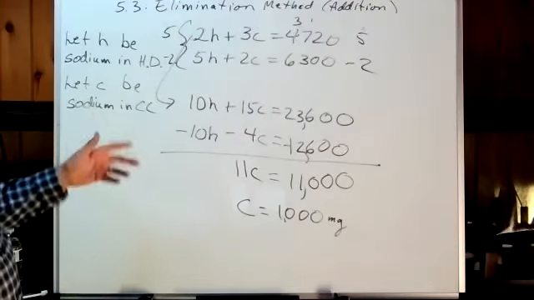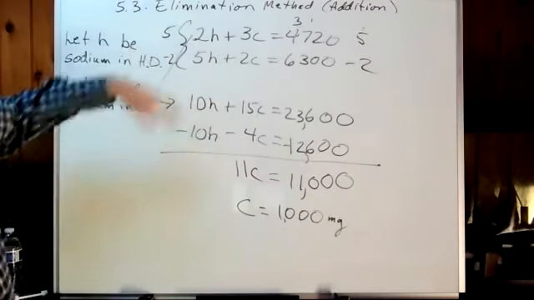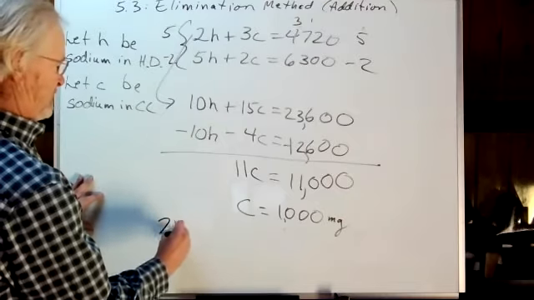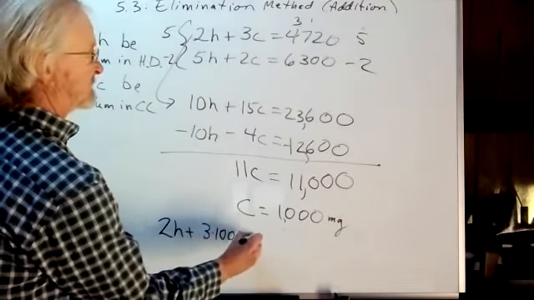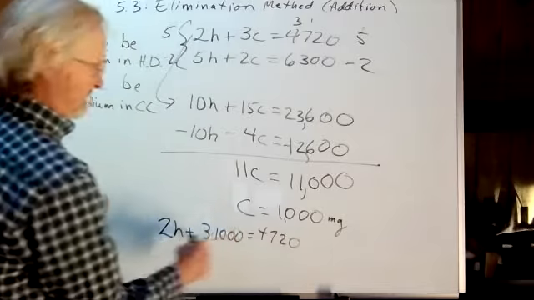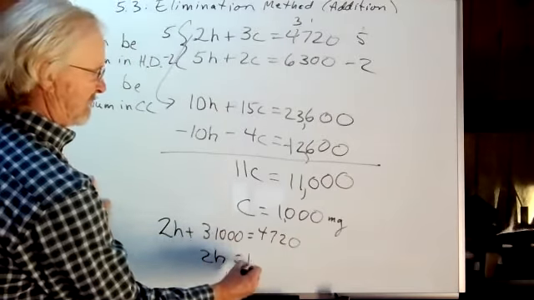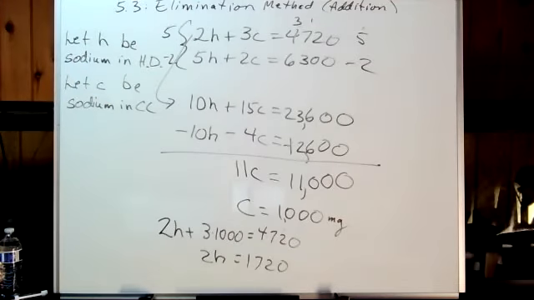Now I got to go back and find how much is in a hot dog. Pick one of the original ones, smaller equations, right? So let's say 2H plus 3 times 1,000 is my 4720. That's 3,000. If I subtract the 3,000, I get 1,720. Okay with that?